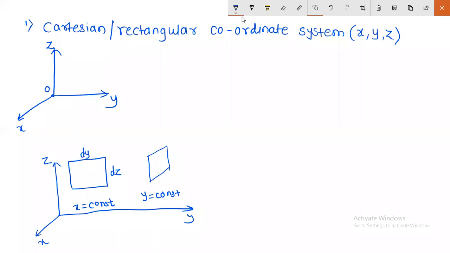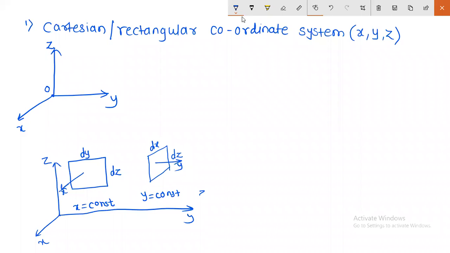So this will be your dx, and this vertical is your dz when y is equal to constant. Here the x-axis is perpendicular, here your y-axis is perpendicular.